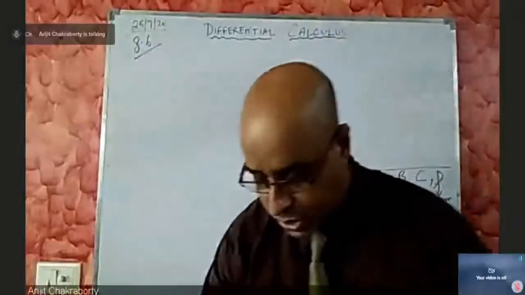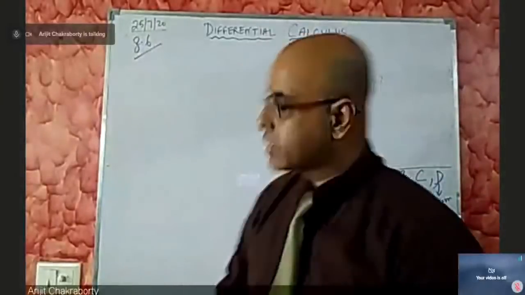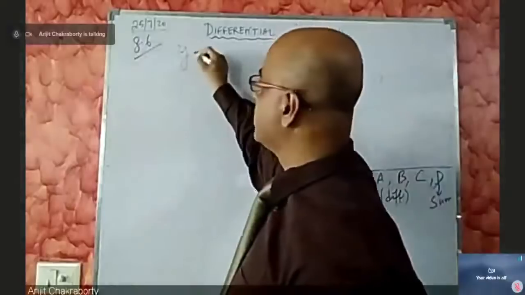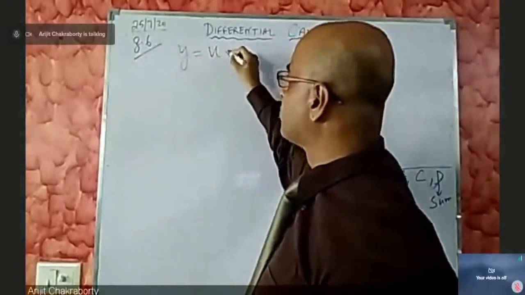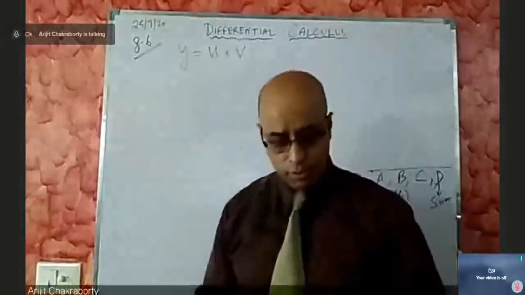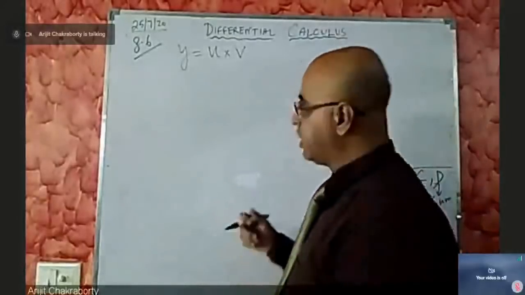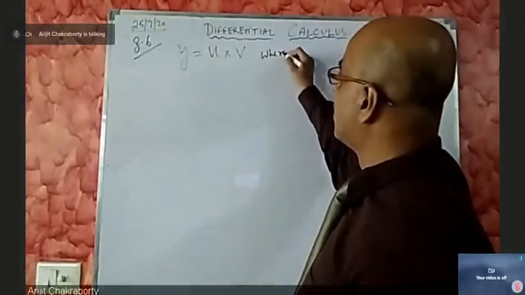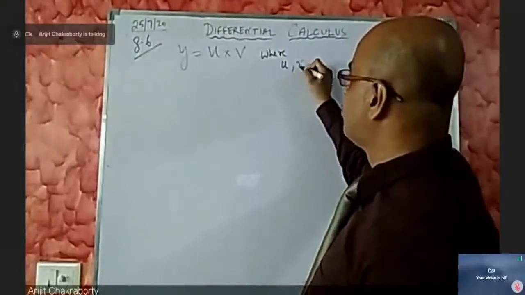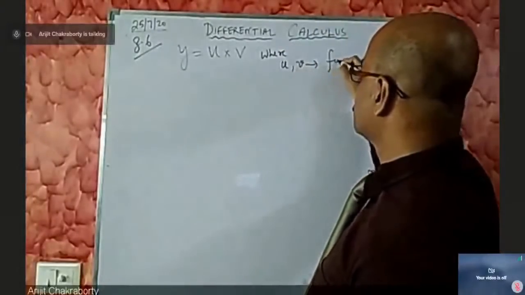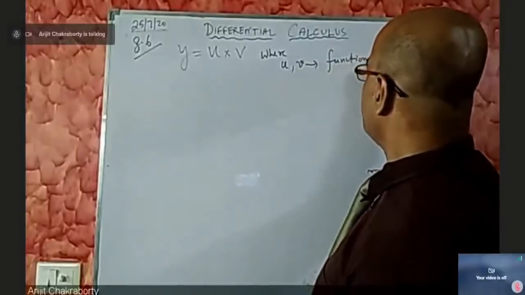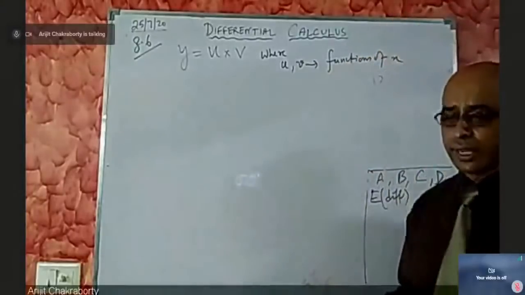So I will put it in this way. Say y is equal to u multiplied by v, where u and v are functions of x. Okay?